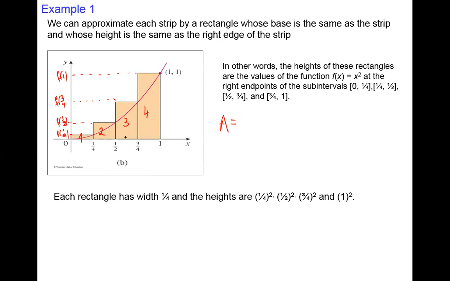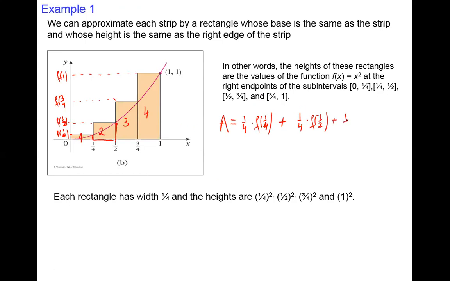Each of them has the base 1/4, or the width of the rectangle 1/4, and then the first one has the height value of the function for 1/4. Now the second one, base times height, 1/4, and the height is the value of the function for 1/2.